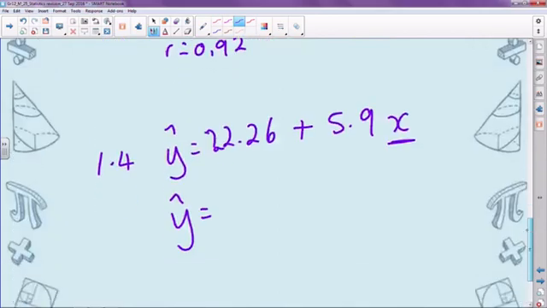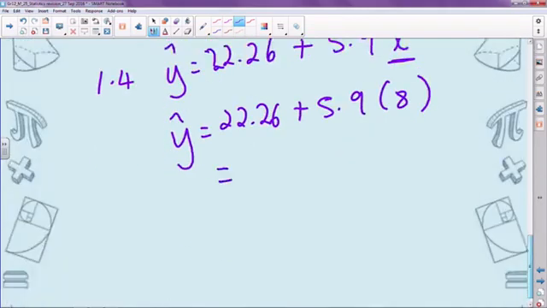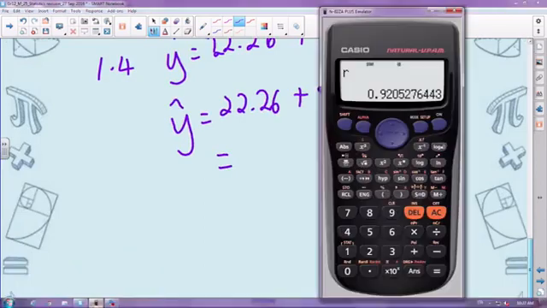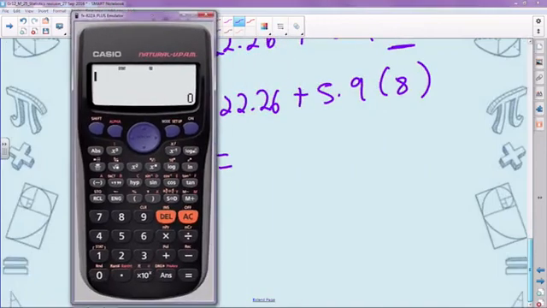I'm simply going to substitute that value in place of x, and I'll get the approximate mark that they will get. You can, of course, keep all your values on your calculator and then simply work out your estimated value, using the values that are already contained on your calculator.